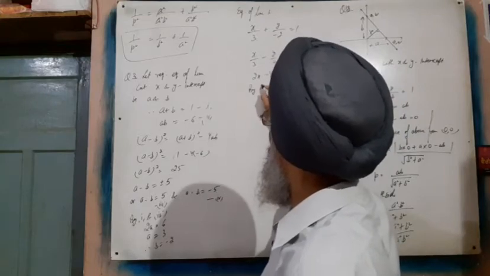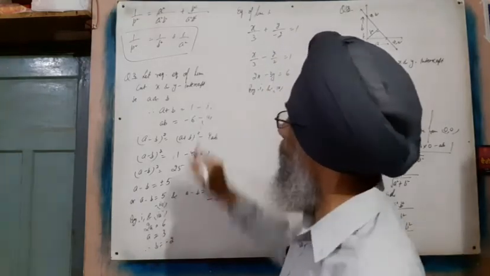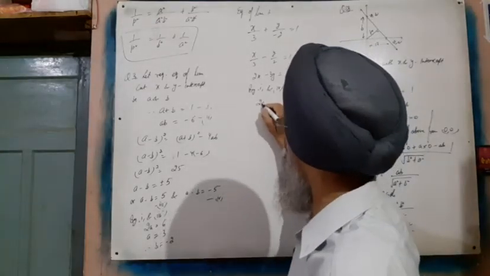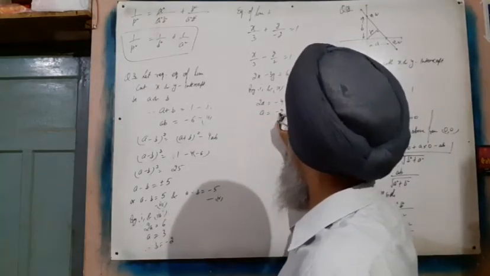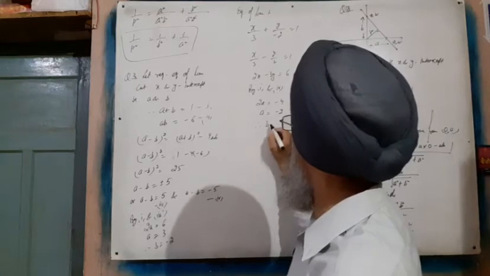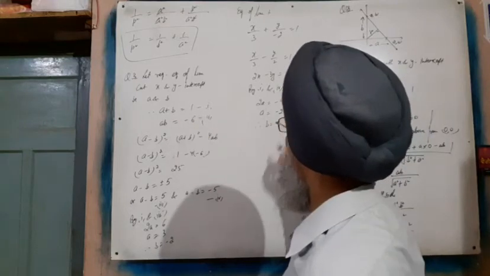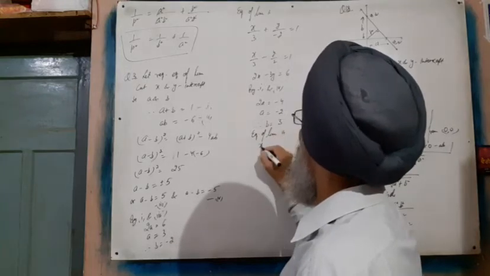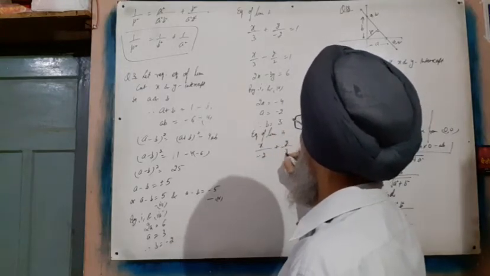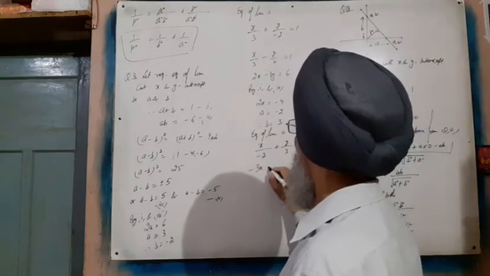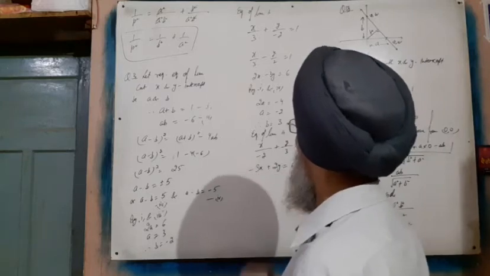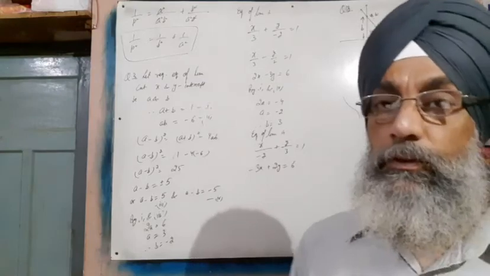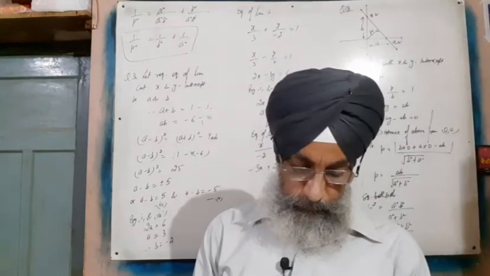By first and fourth, when A plus B is 1 but A minus B is equal to minus 5, then 2A is equal to minus 4, A is equal to minus 2, therefore B becomes 3 here. So the equation of the line is x upon minus 2, y upon 3 is equal to 1, that is minus 3x plus 2y is equal to 6. So these two equations are formed here.